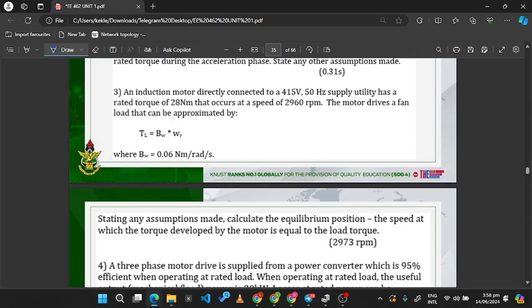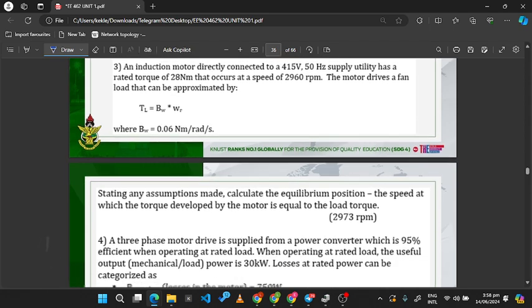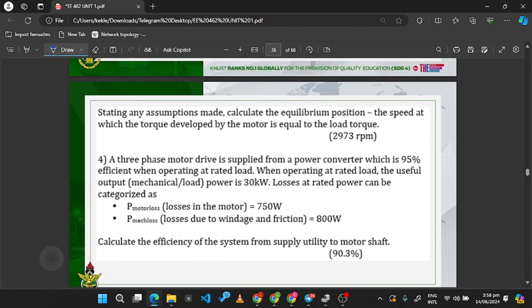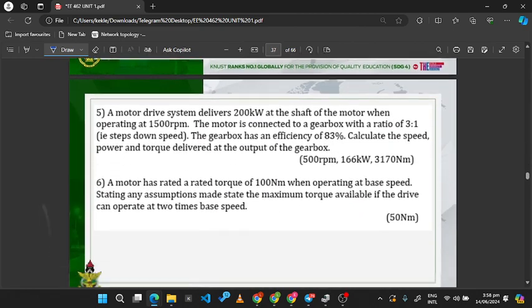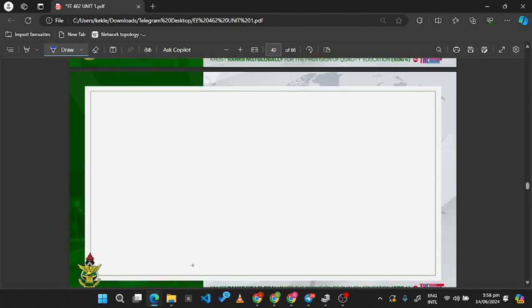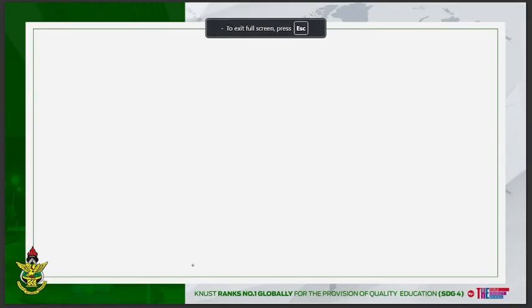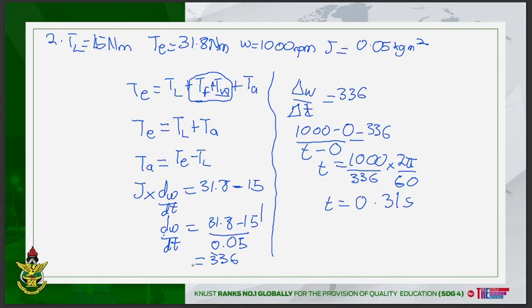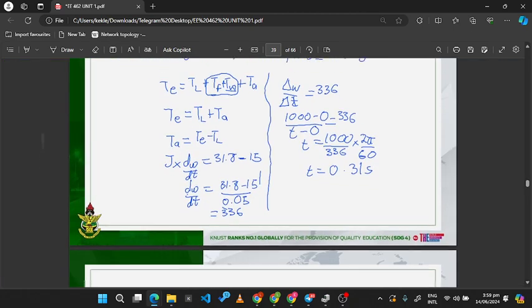Okay, so we have the rated torque, speed, and equation. The equilibrium position simply means the points at which... okay, let me draw the graph first.